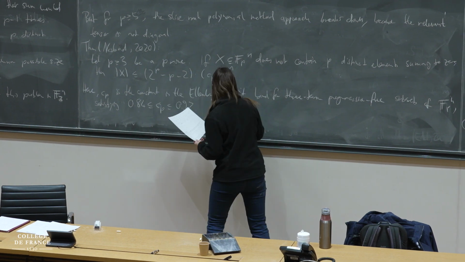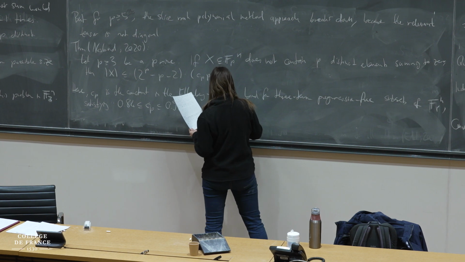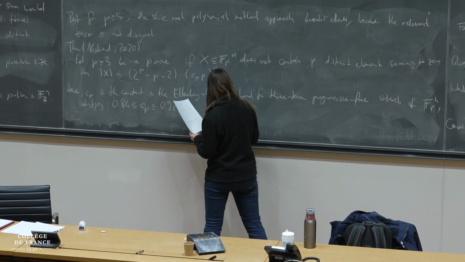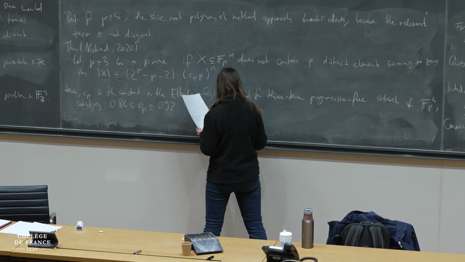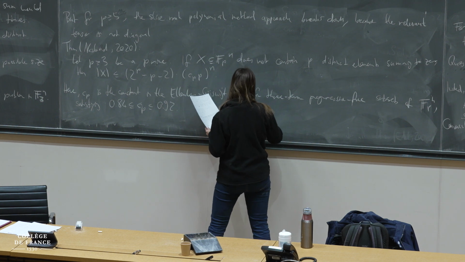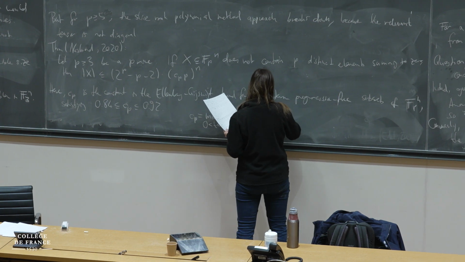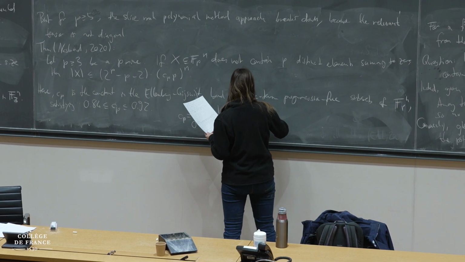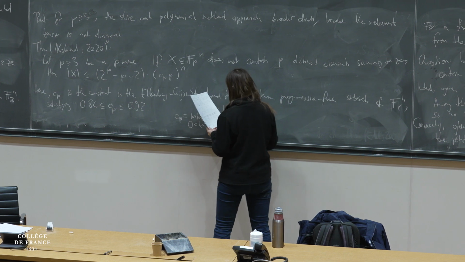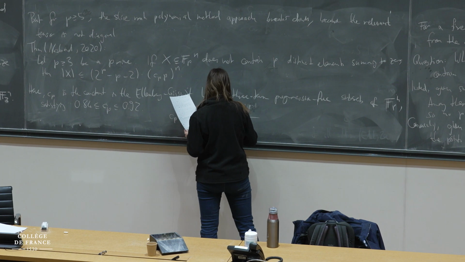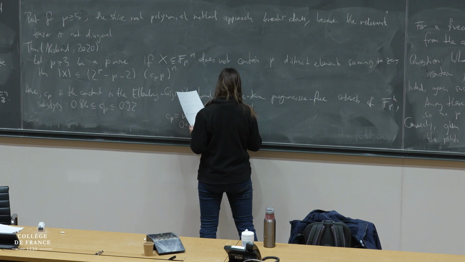And for the sake of completeness, C_p was given by the following minimization. So C_p was the minimum over t between 0 and 1 of (1 plus t plus and so on plus t to the p minus 1) divided by (p times t to the (p minus 1)/3).